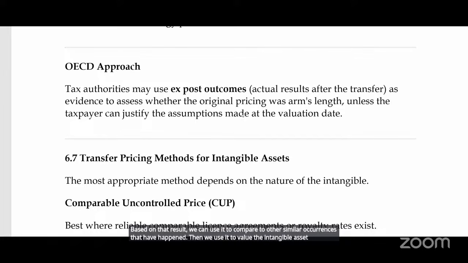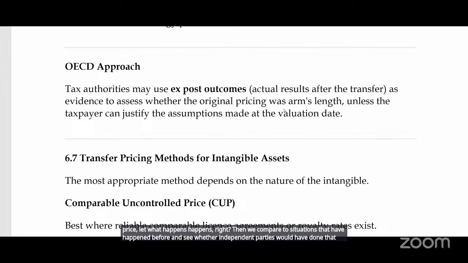These ex post outcomes can become evidence used to assess whether the original pricing was at arm's length, unless the taxpayer can justify the assumptions they made at the particular valuation date. I hope that makes sense. So with how to value intangibles, it's difficult to get a price today. But you can transfer it at a particular price, see what happens, then compare to situations that have happened before and see whether independent parties would have done that.